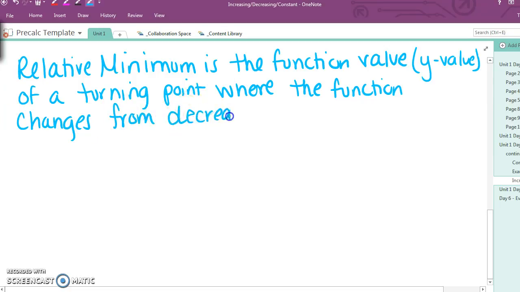So we just learned about decreasing and increasing. When my function is changing from decreasing to increasing, we have what is called a relative minimum.